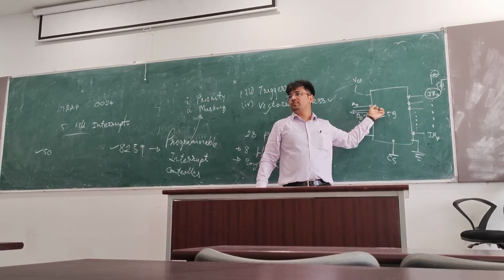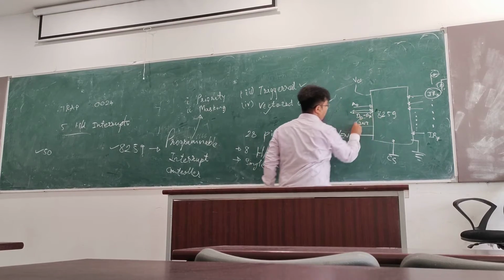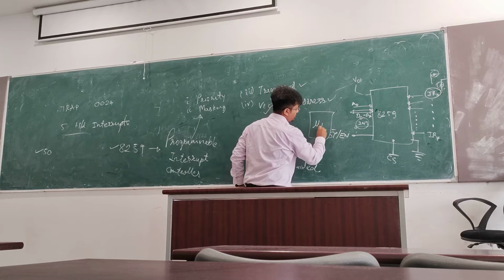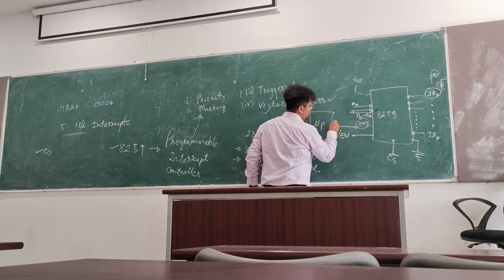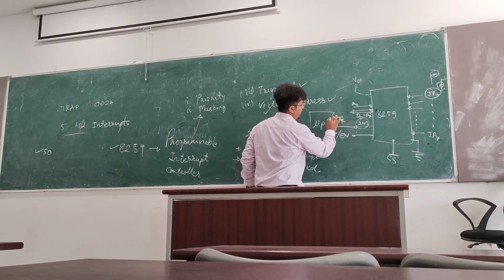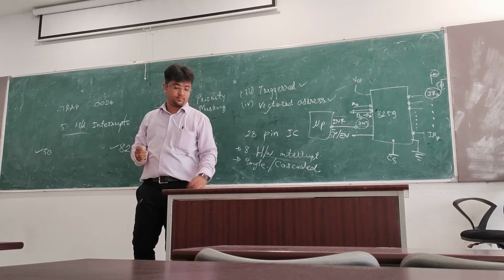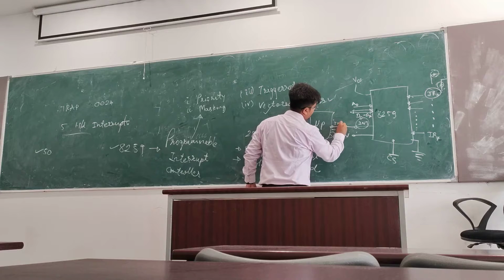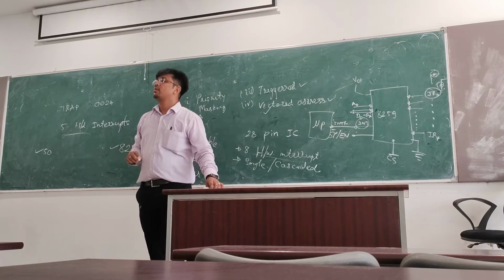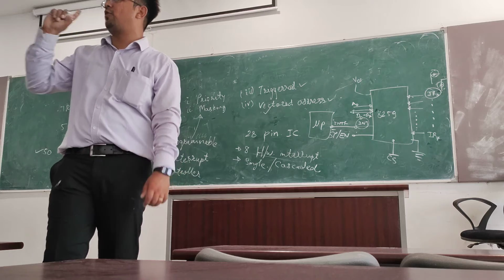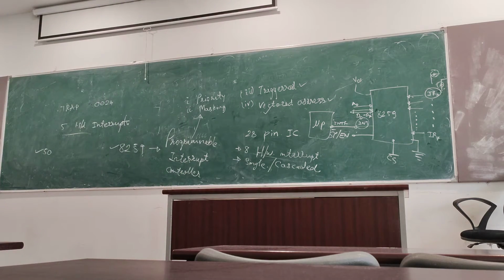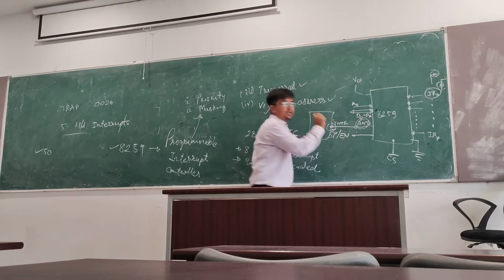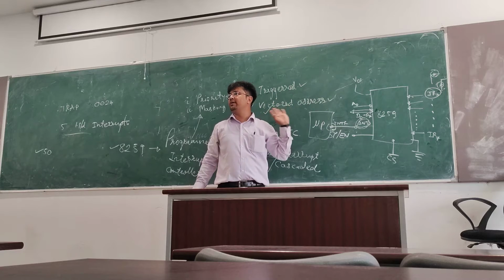It will transfer this interrupt request to this pin, which will interrupt the processor at INTR. Sorry, INTR. In a priority interrupt controller, the INTR, interrupt request, to this input pin, this INT will be connected. Any issues anyone till here?